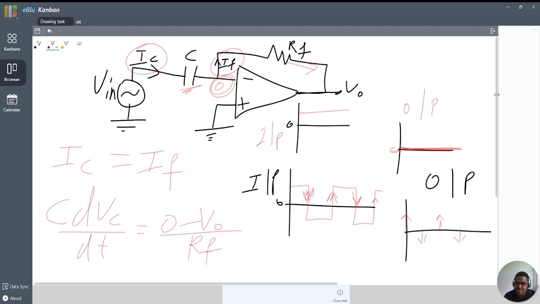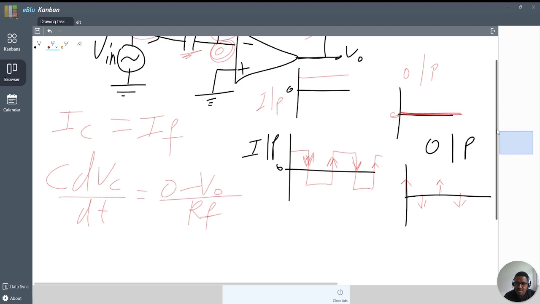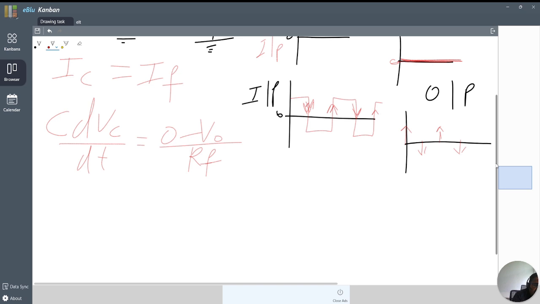So when you simplify the circuit, C of dVc over dt equals minus V out over RF.